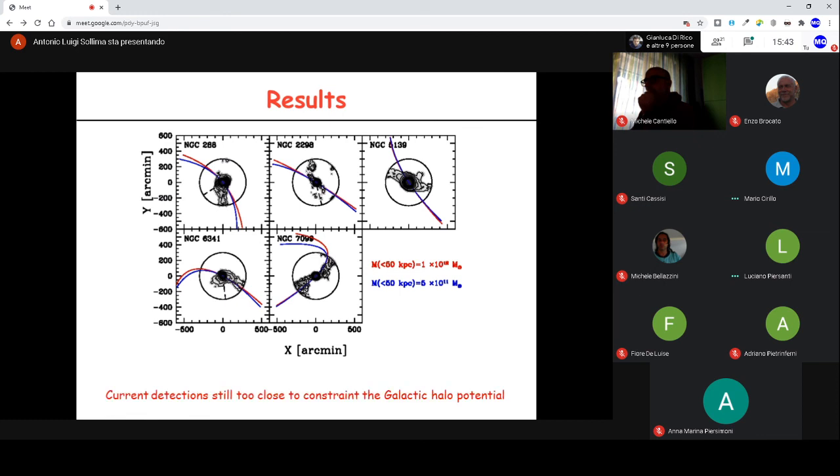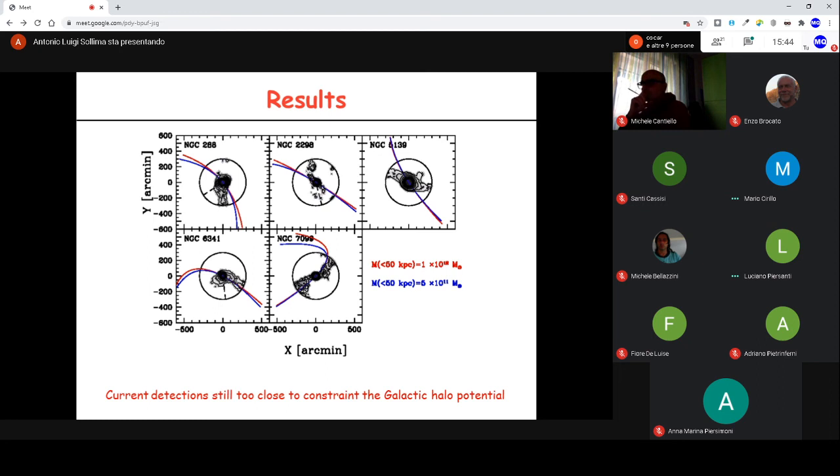The other, and probably the most interesting, scientific application of the detection of tidal tails is to constrain the galactic potential. Here you can see, for instance, for the 5 clusters with significant detection of tails extending over a wide area, the comparison with the prediction of the orbits in the case of 2 different galactic halo masses.